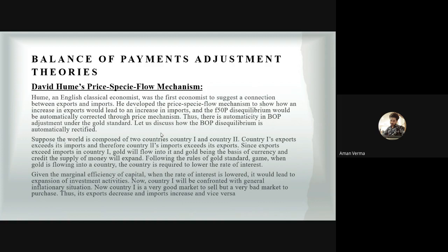Since exports exceed imports in country 1, gold will flow into it, and gold being the basis of currency and credit, the supply of money will expand. Following the rules of the gold standard game, when gold is flowing into a country, the country is required to lower the rate of interest. Given the marginal efficiency of capital, when the rate of interest is lowered, it would lead to expansion of investment activities.